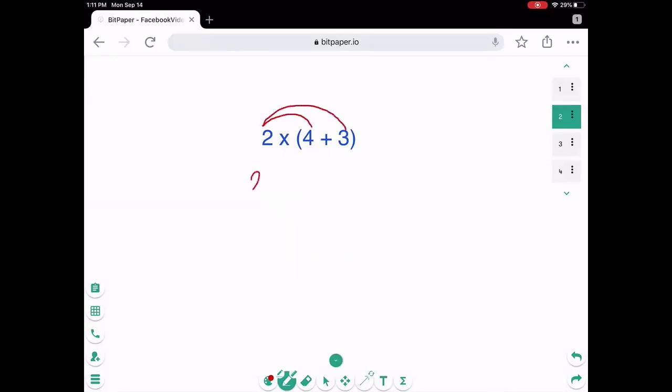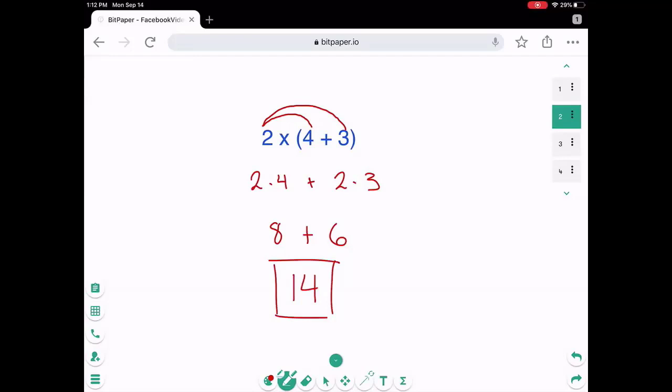So we'd have 2 times 4 plus 2 times 3. And we would see that that's 8 plus 6, or 14. So we get the same solution there of 14. We've just distributed the 2 inside our parentheses.